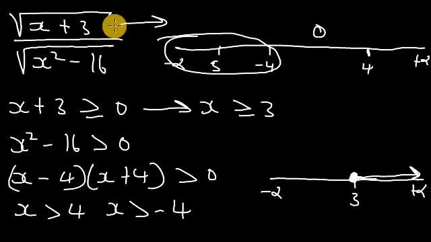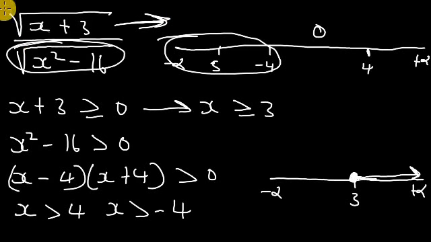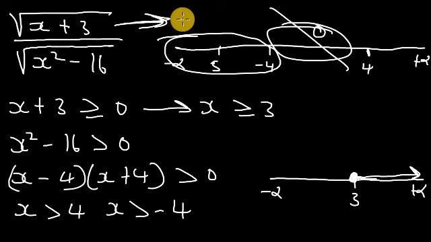It turns out that the numerator will still be a real number because 0 plus 3 is simply 3, and the square root of 3 will give you a value. But unfortunately, for the denominator, I will now have an imaginary number because 0 squared is simply 0, and 0 minus 16 is minus 16. And the square root of minus 16 will become an imaginary number.